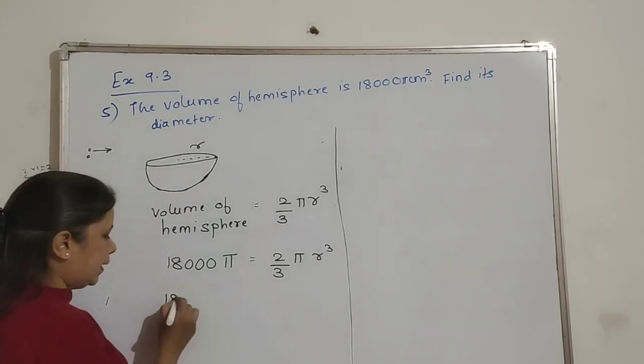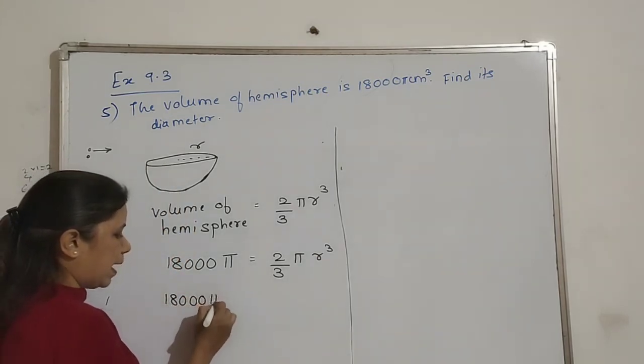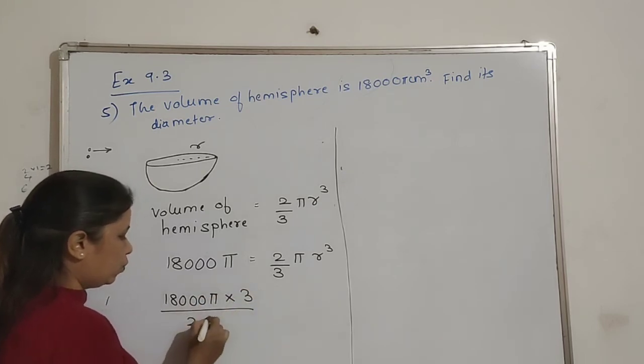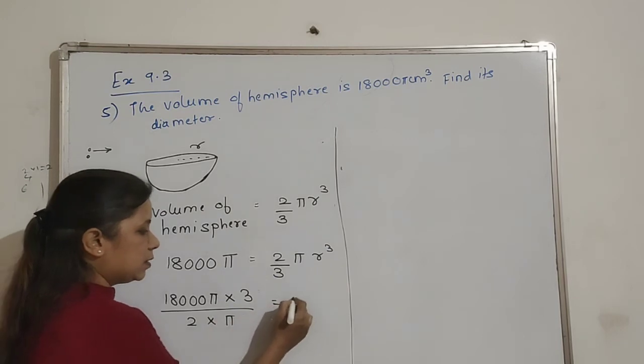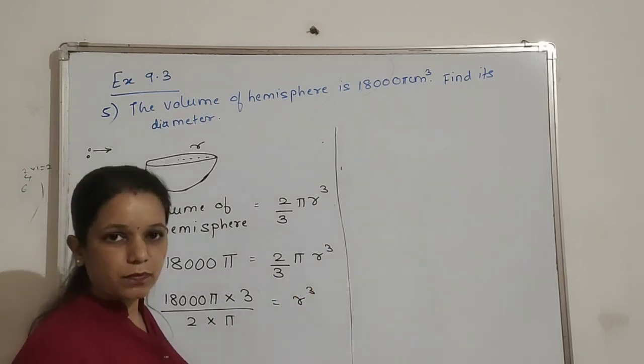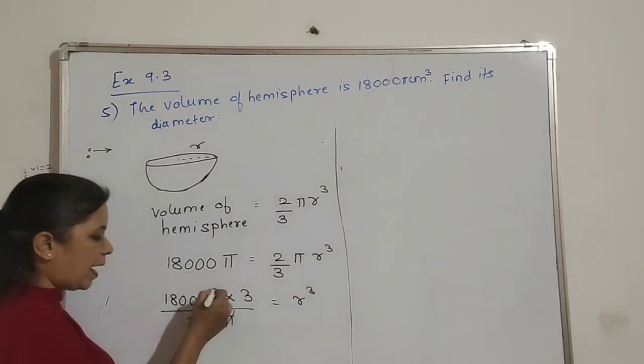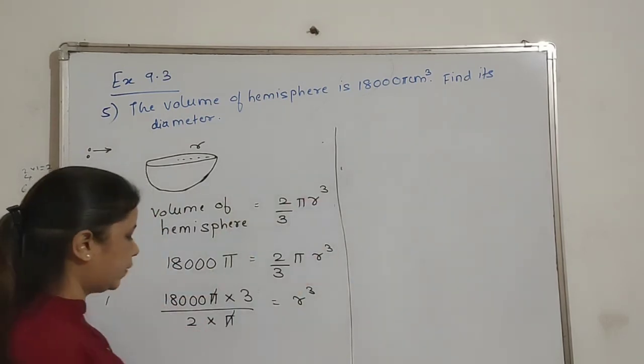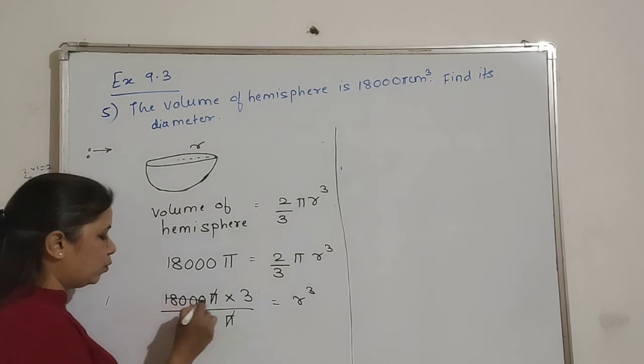So 18000 pi into 3 upon 2 into pi is equal to r cube. Okay. Now pi will get cancelled out. That is why they have mentioned it in this way. 2 ones are 2, 2 nines are 18.